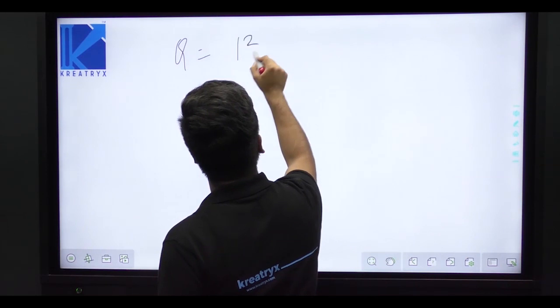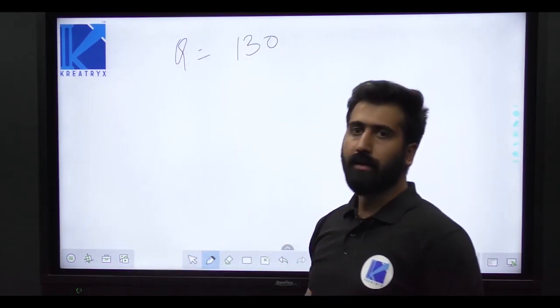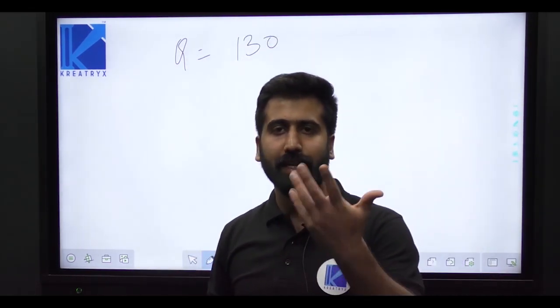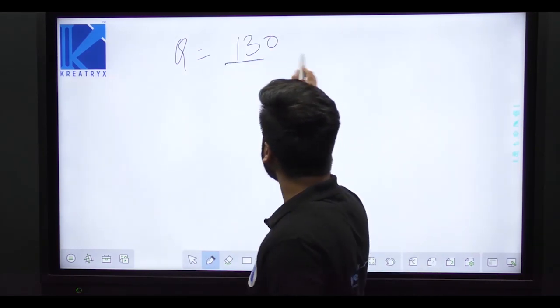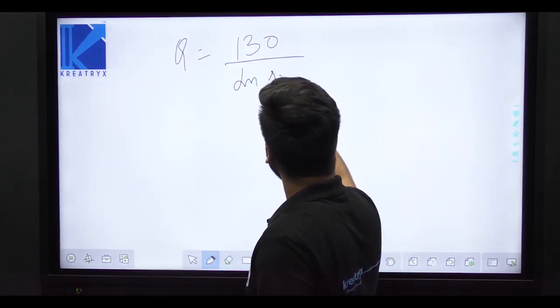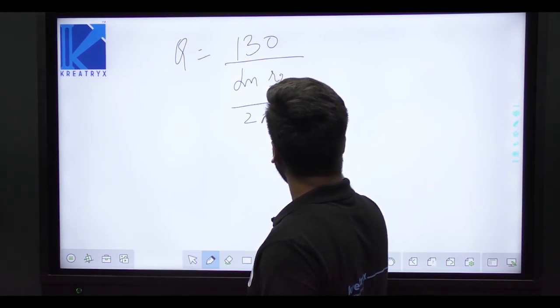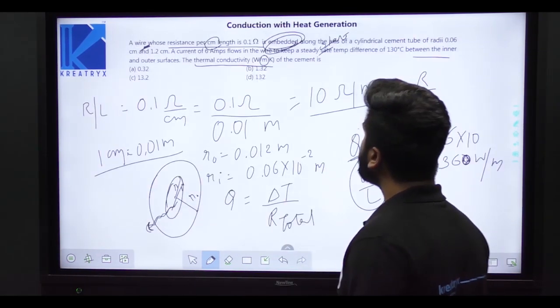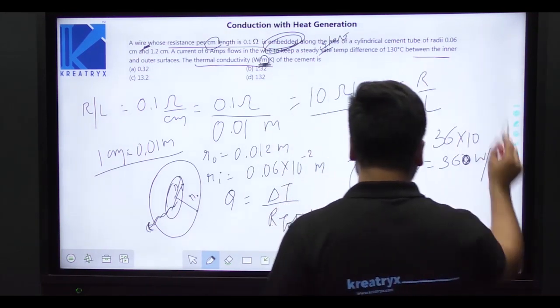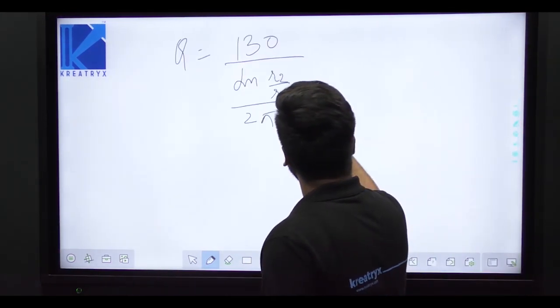The total conduction resistance for a cylindrical shell, you know the formula, is ln R2 by R1 upon 2 pi K L. You have to find the thermal conductivity in watt per meter Kelvin, so take this L there.